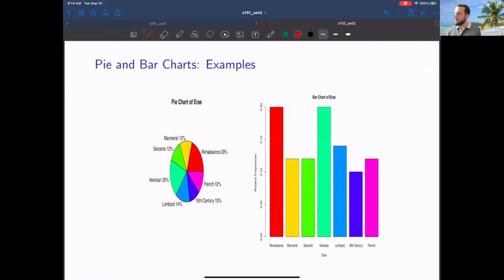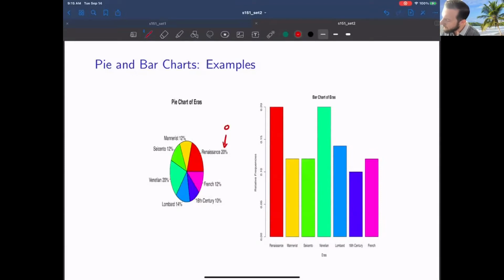So you can see for the pie chart, we started with a circular object. We then sliced the circle into 7 different slices, right? So we have one slice for each of the different eras in which a painter went to school. Now the pie chart is showing you the percentages, but this again is the relative frequency just multiplied by 100, right?